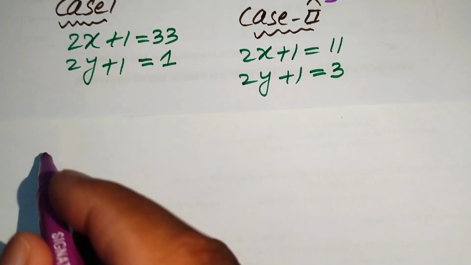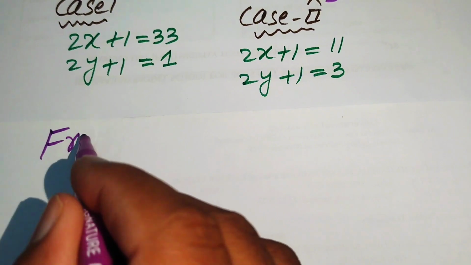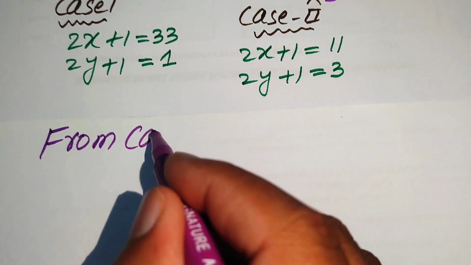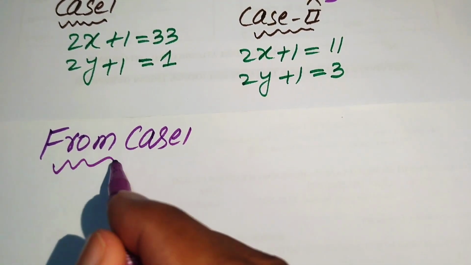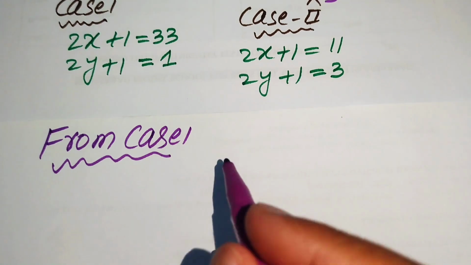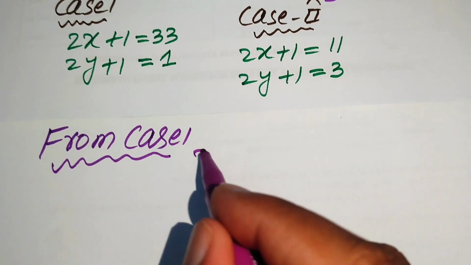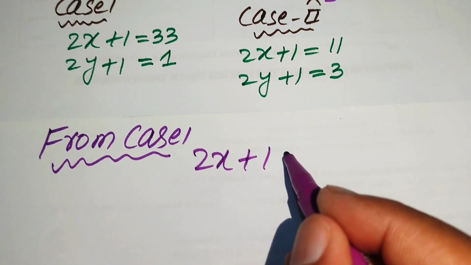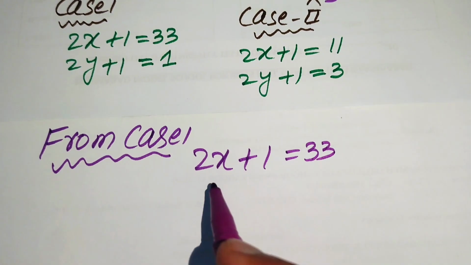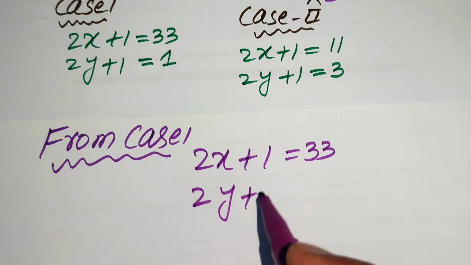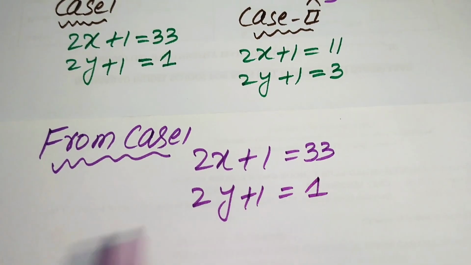First we proceed with case number 1. From case number 1 we copy down these two equations: 2x plus 1 equals 33 and 2y plus 1 equals 1.